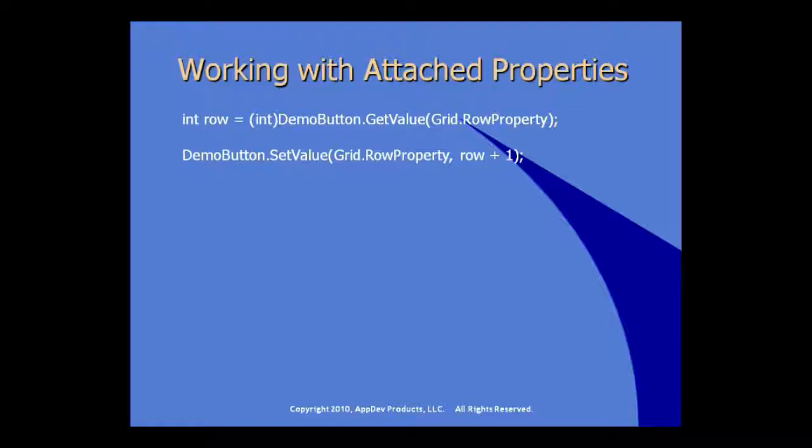The button doesn't maintain the value itself. It calls a method which asks the .NET runtime to hand back the value it's been storing for its grid.row property. And the way we get that is we pass that one field reference. Remember, it's a static property of the grid class. There's the grid.rowProperty. We pass that to the getValue method of the demo button. The .NET framework flips through its dictionary, finds the correct value, and hands it back to us so we can store it into a variable.